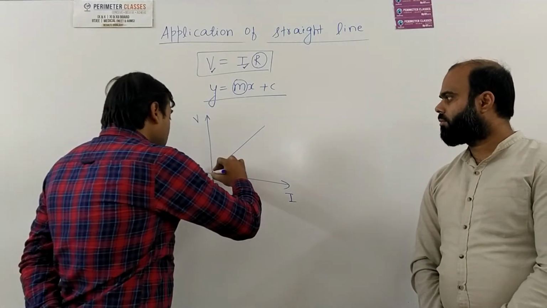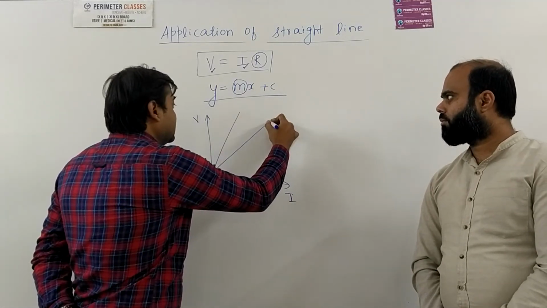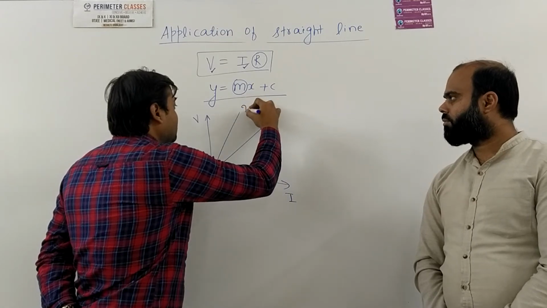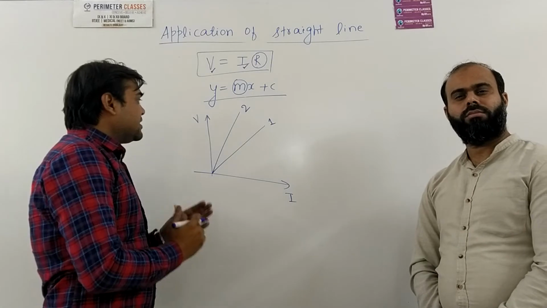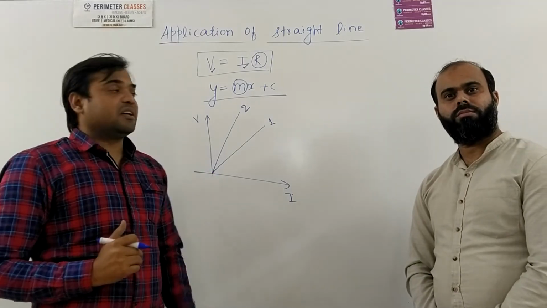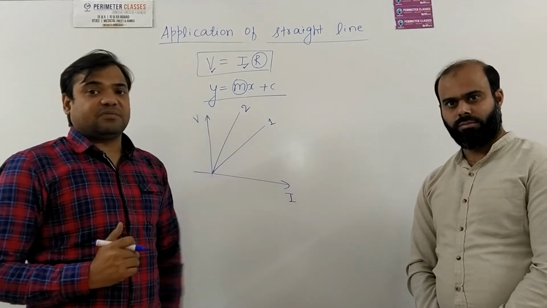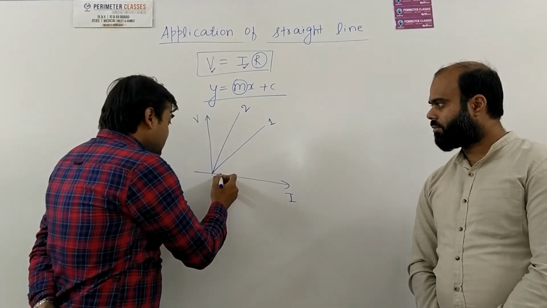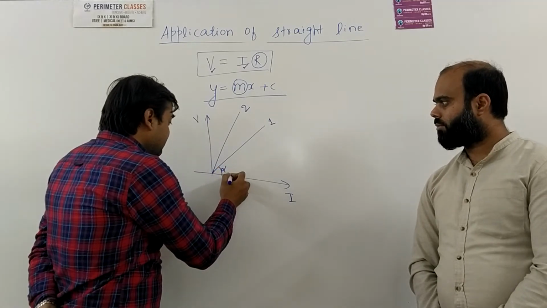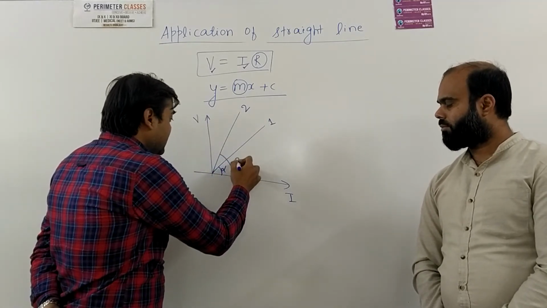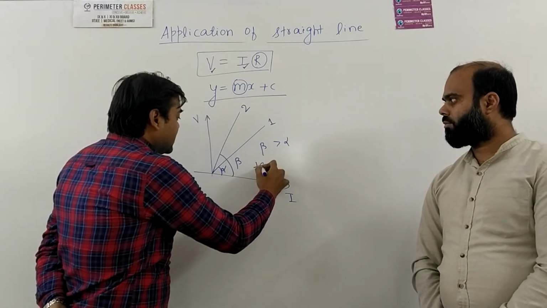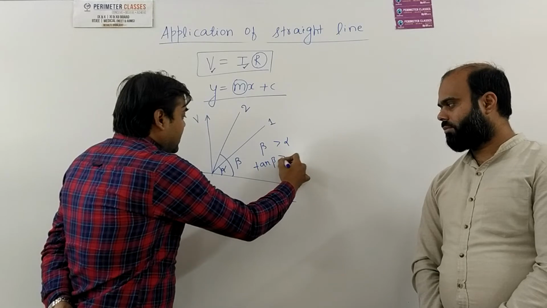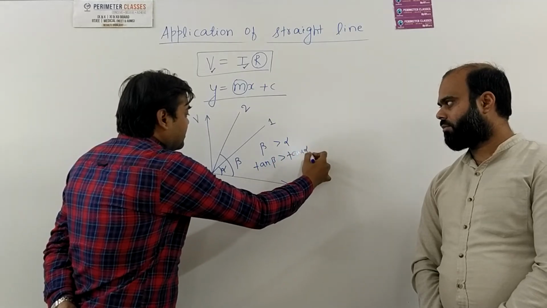Let us say two such graphs are given. This is graph number 1, this is graph number 2, at some different temperatures. Can I say anything about the resistance in graph 1 and graph 2? We can simply see that this angle is alpha and this angle is beta, and beta is greater than alpha. This means that tan beta is greater than tan alpha.